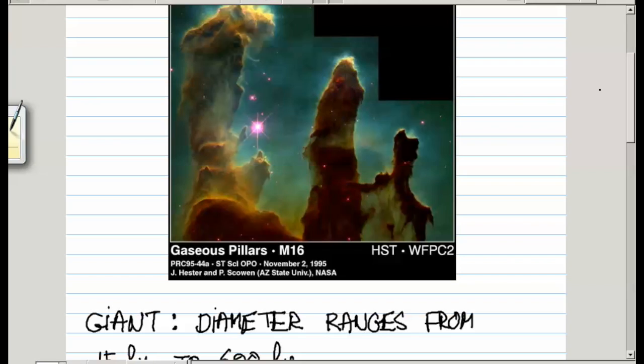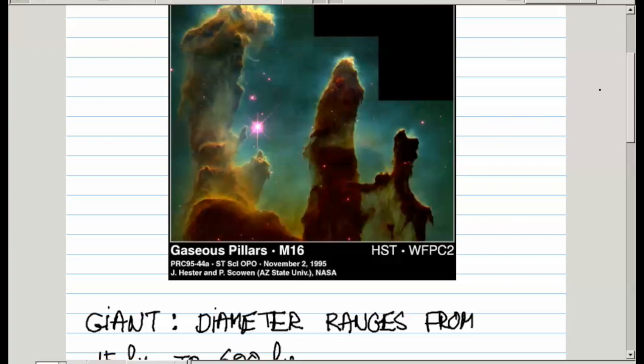by the way, it stands for Messier Object 16. Centuries ago, astronomers were fascinated by watching comets, and they noted that there are some fuzzy regions in the night sky that were bad to point their telescopes in those directions.